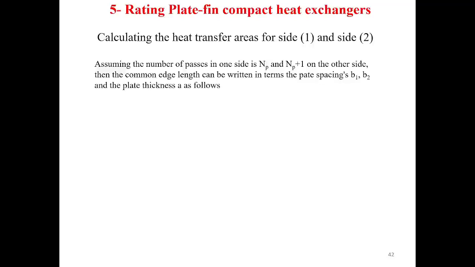So, for example, if you have a compact gas-to-gas heat exchanger, we are going to assume Np is the number of plates for one side and the other side is Np plus 1. Later we are going to assume that they have the same number.